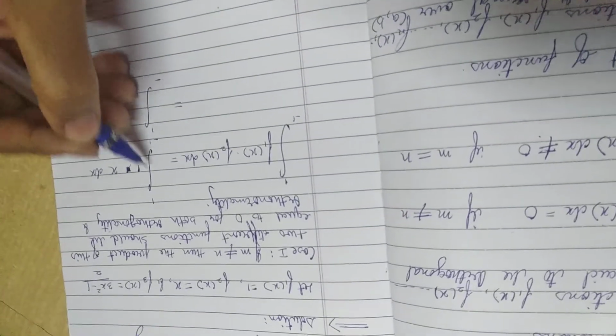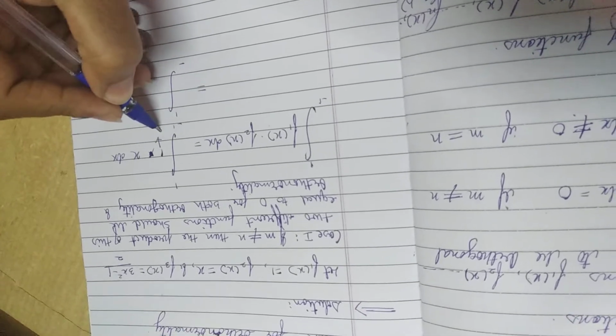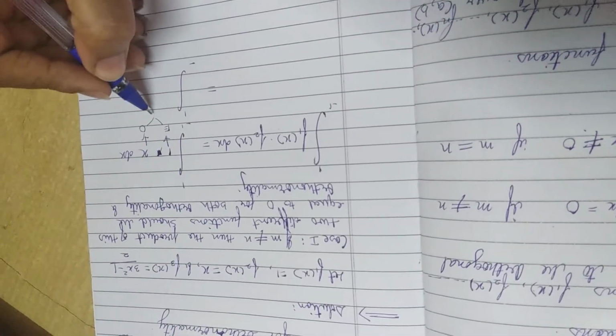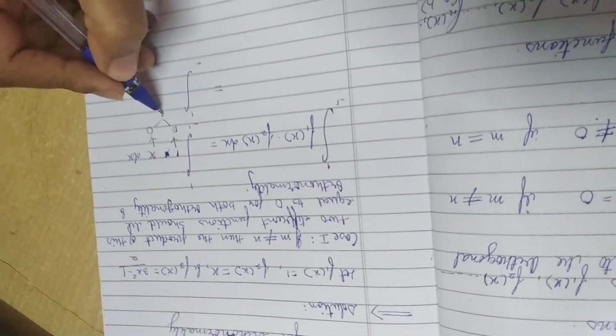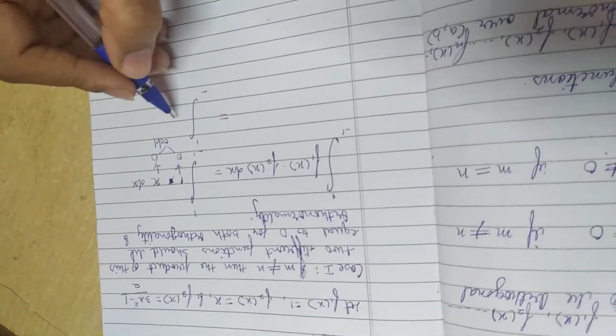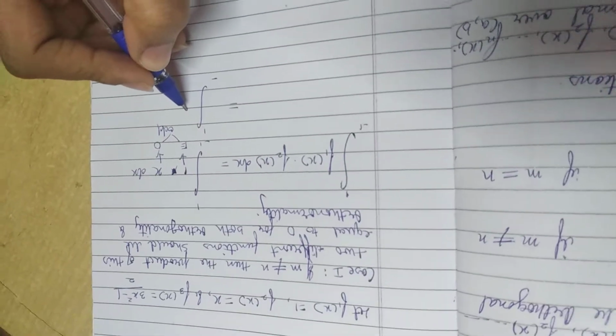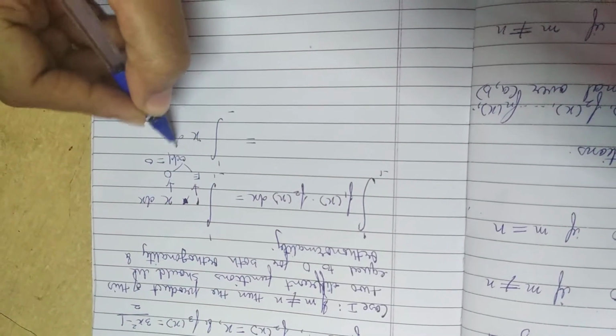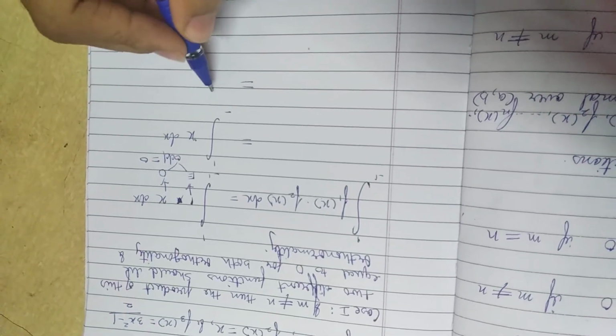From -1 to 1 we can conclude that this is an even term and this is an odd term, and the multiplication of both terms is odd. So the value of the integral of an odd function is 0, so the integral of x dx is 0.